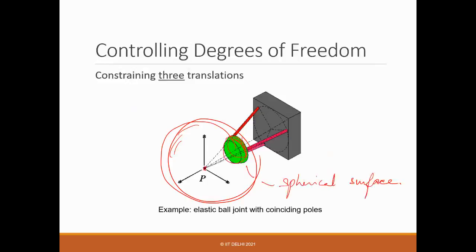And the center will be at point P. So you will get remote center of motion. So suppose this is one disk or anything you want to manipulate at some remote point, you can still do it by designing this way.